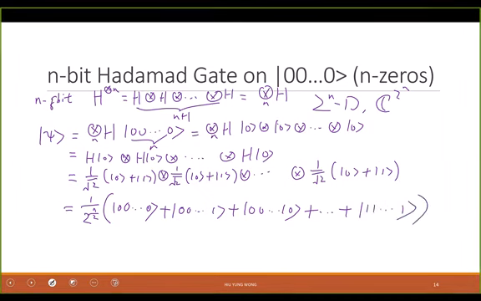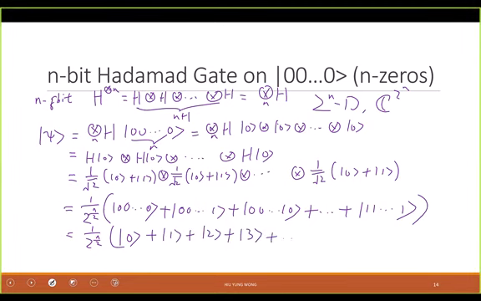This is in binary representation. In decimal, what is this? The first is 0, the next one is 1, the next one is 2. What is the last one, the all-ones state? It's 2 to the power n minus 1.